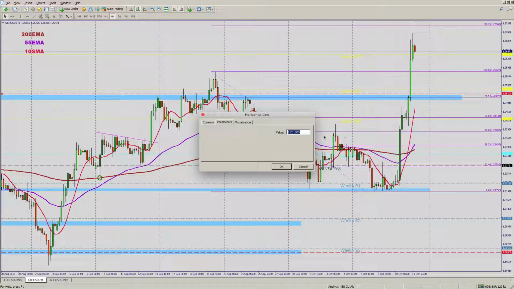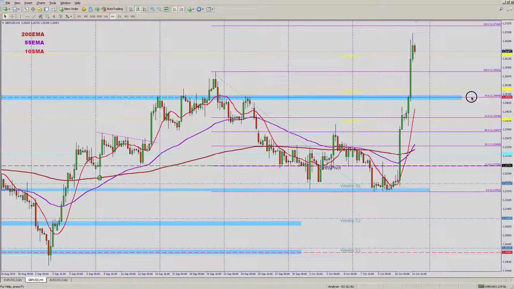And this is 125, and that's where the 21 fib retracement of this move is, or the 78.6% retracement of this swing low, swing move down.